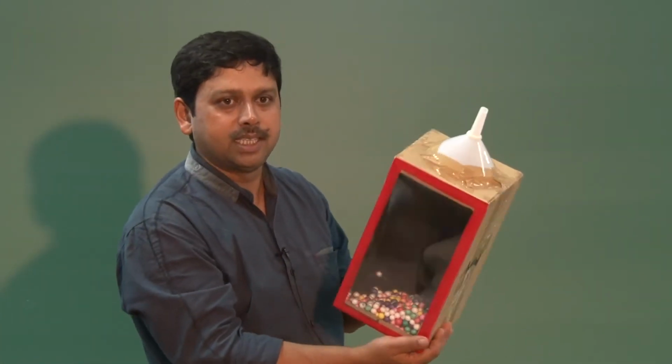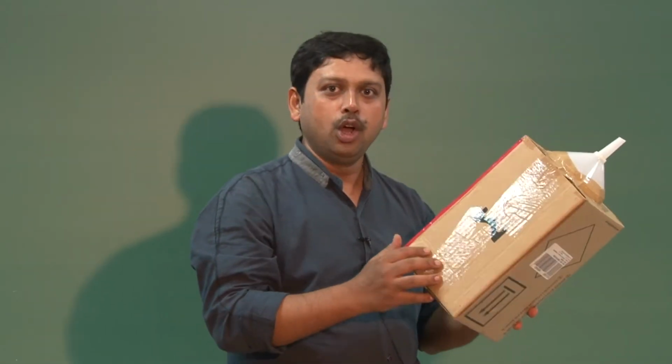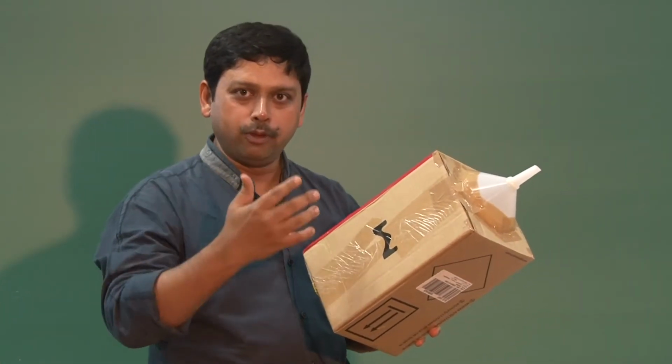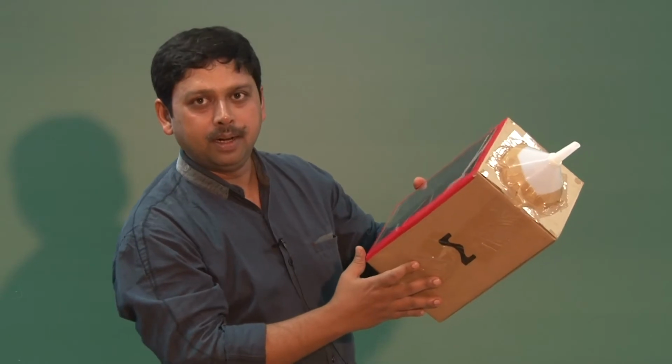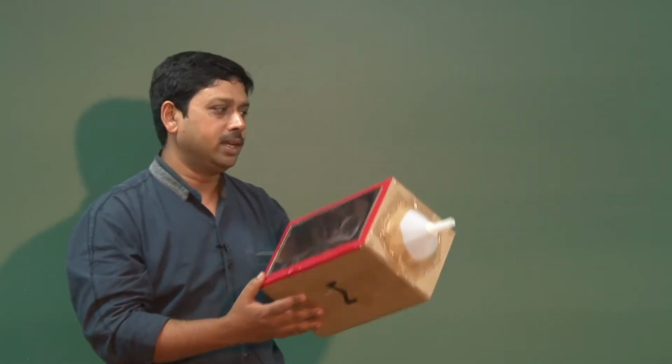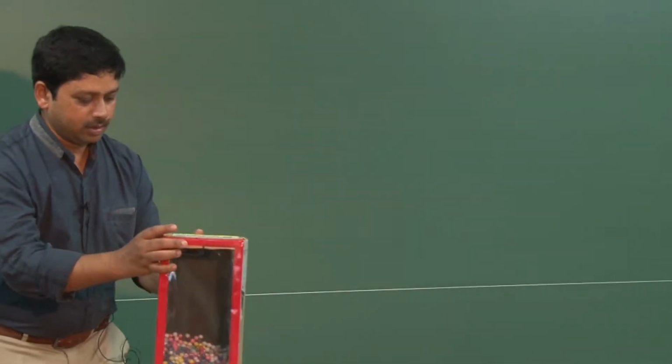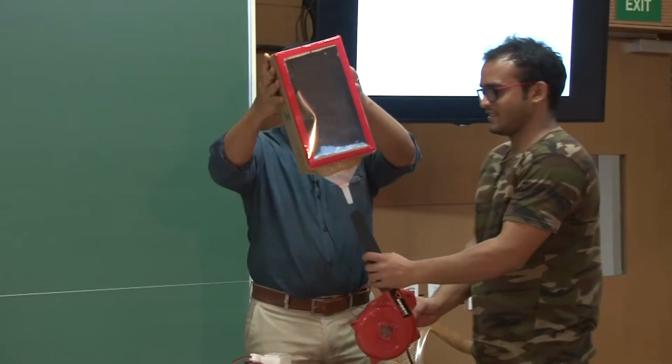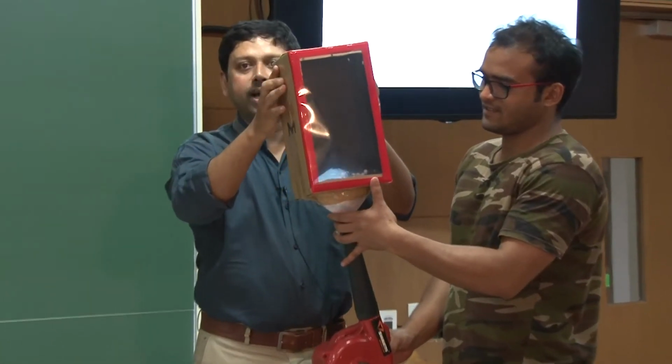The mass of these particles is too high for it. So, we are going to induce a flow of air inside this chamber and mimic how these things would have moved if they were very tiny particles in a box. So, we are going to place it. Okay. Now we are going to flow air through this.